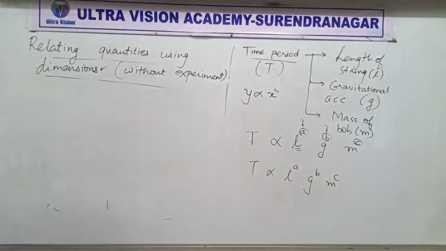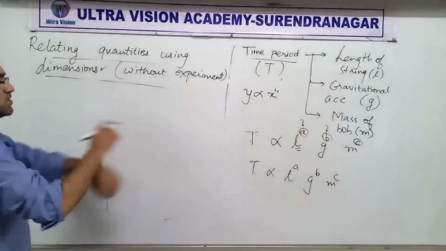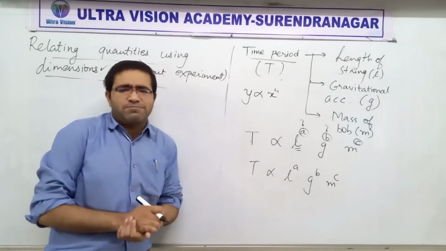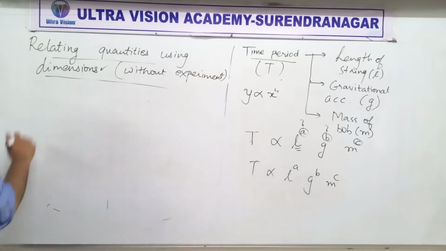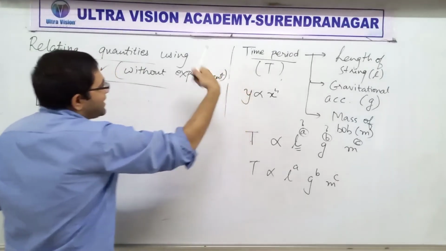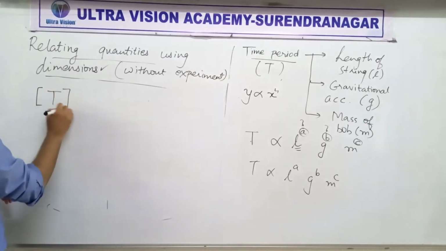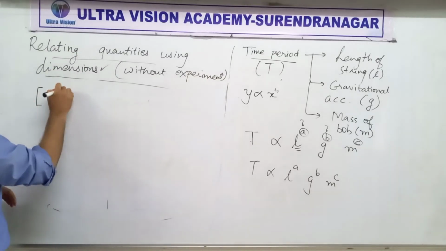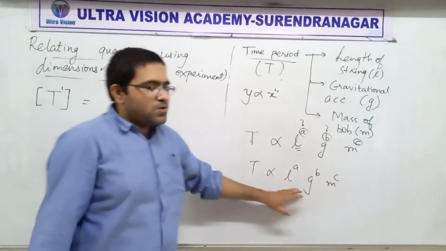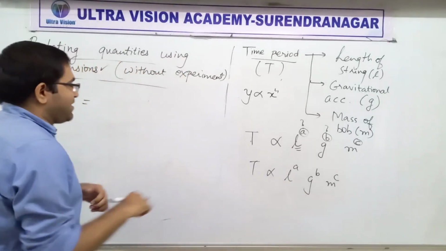Let's start. First of all, we'll put both sides in dimensions. So dimensions of time period are time, same as time. Clear, T raised to 1 or just T. On the right side, what do we have?